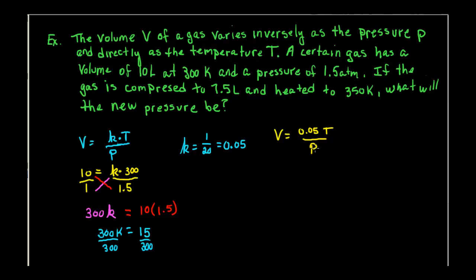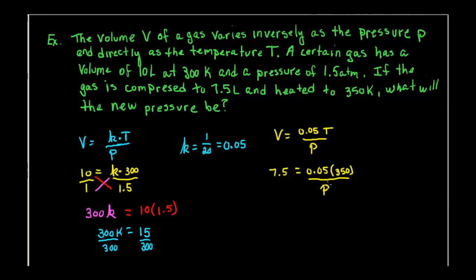Now if the gas is compressed to 7.5 liters, that means the volume is reducing from 10 liters down to 7.5 liters. So we're going to replace V with 7.5. And we are increasing the temperature from 300 Kelvin to 350 Kelvin. We want to know, how does this affect the pressure?